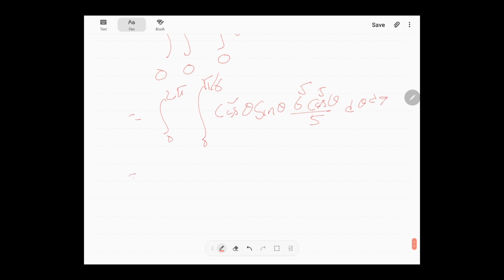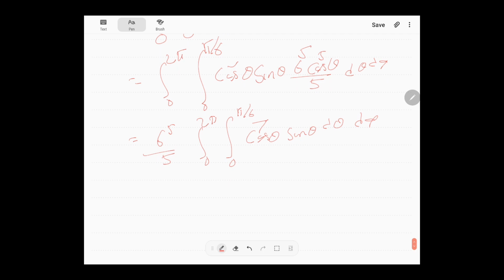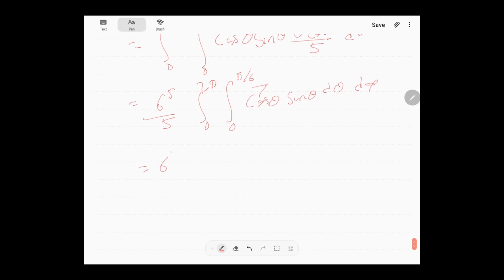So 6 power 5 by 5 is constant, and integral 0 to 2 pi, integral 0 to pi by 6, cos square theta and cos power 5 theta, that is cos power 7 theta into sin theta d theta d phi.